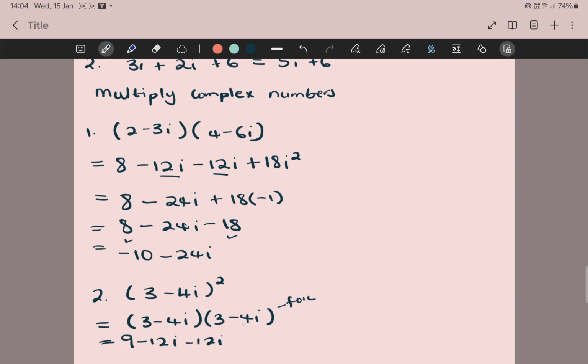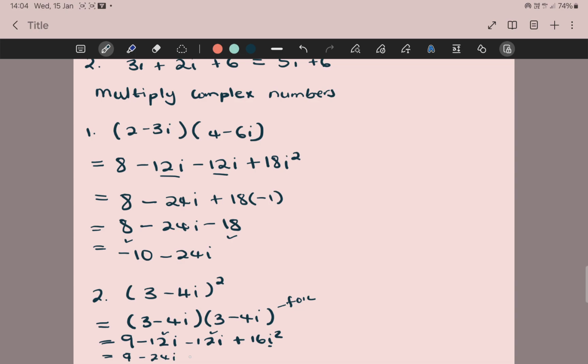Negative 4i times negative 4i is positive 16i squared. If I add like terms, I'm going to have 9. Negative 12i and negative 12i are like terms. This one is not a like term because it's i squared. So negative 12i minus 12i will give me minus 24i.